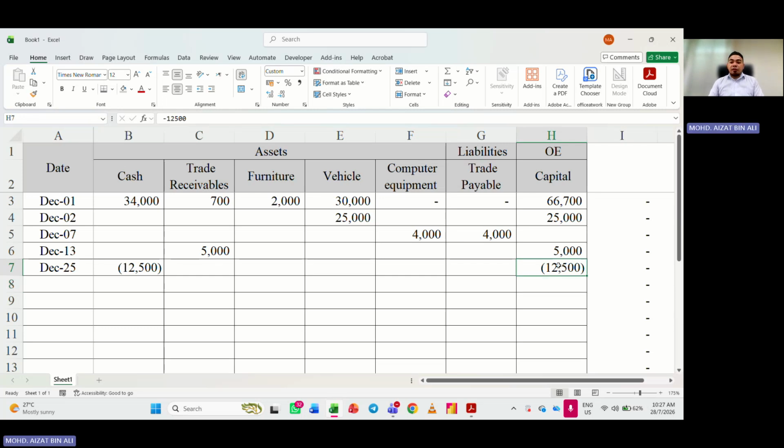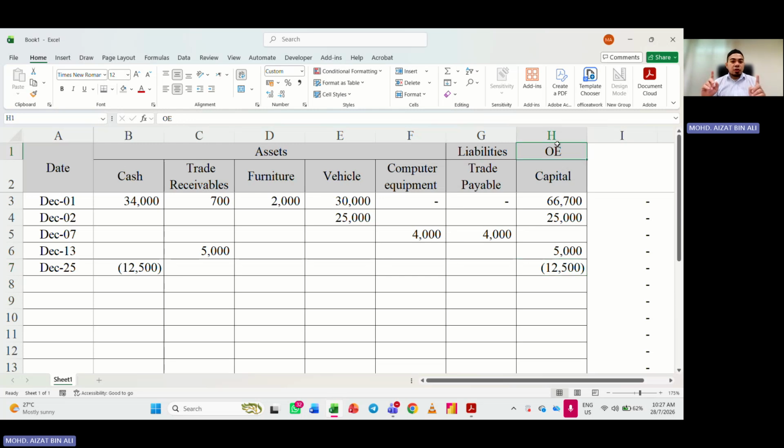Again, for owner's equity, we look at the impact on owner's equity, not individual accounts. For individual accounts, when we pay for wages and salary, the wages and salary will increase. But in this case, we put it in brackets because wages and salaries is an expense, and expenses reduce owner's equity. We look at the impact on the owner's equity.